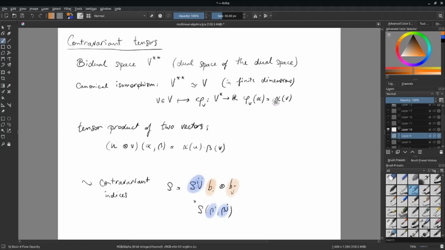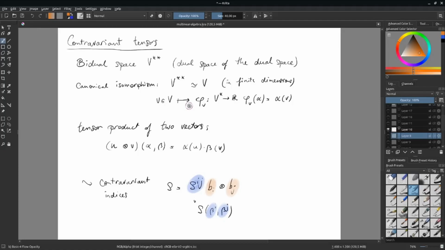And going the other way, at least in finite dimension, is fairly easy, because I can embed my vector space in my bidual space, and they have the same dimensions, that means that the map has to be invertible. Or at least that's the main gist of it.